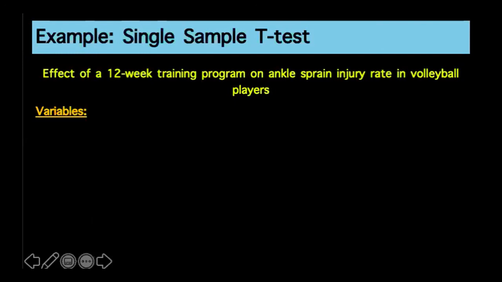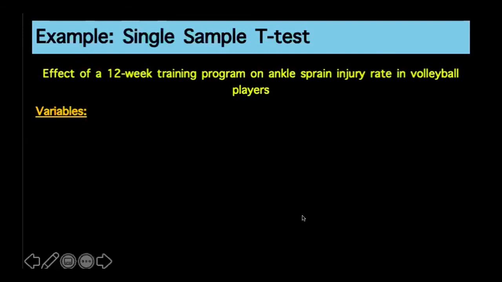What would my independent variable be in this setup? Training program. How many levels would we say that has? Two. Reasonably two. You either don't go through a training program or you do.